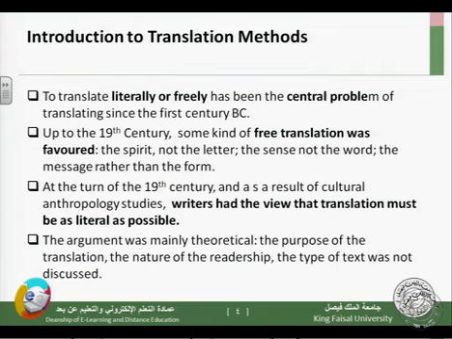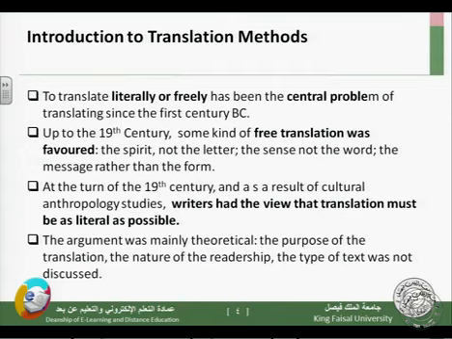And we will come to the definition of what we mean by free translation and what we mean by literal translation. Then at the turn of the 19th century, as a result of cultural anthropological studies, writers started to really move towards literal translation. Again, we will talk about it in due course.